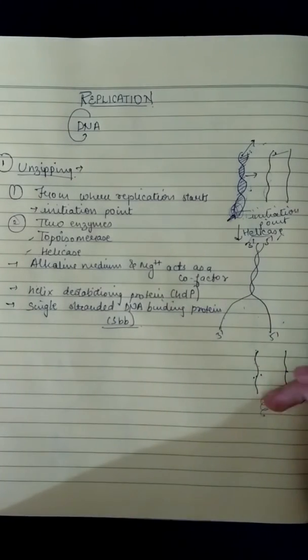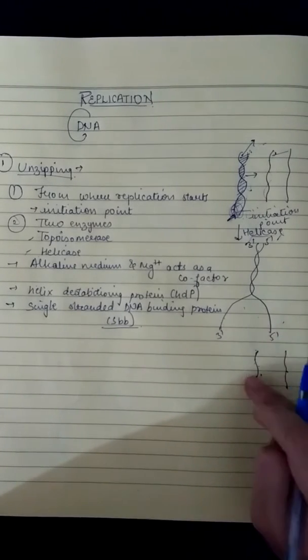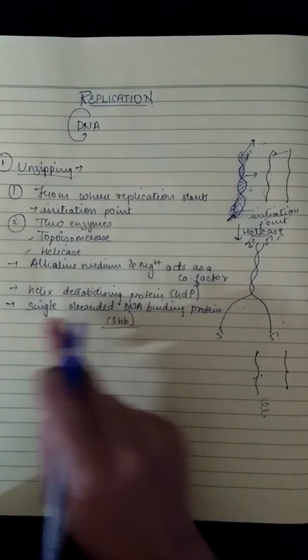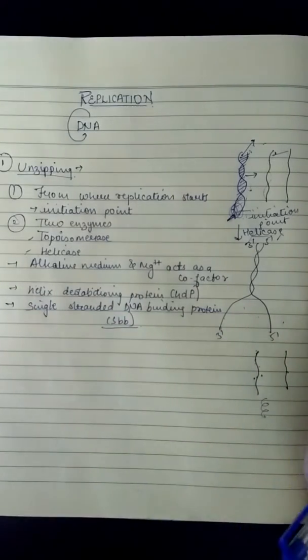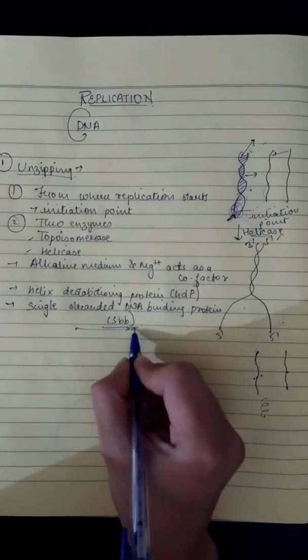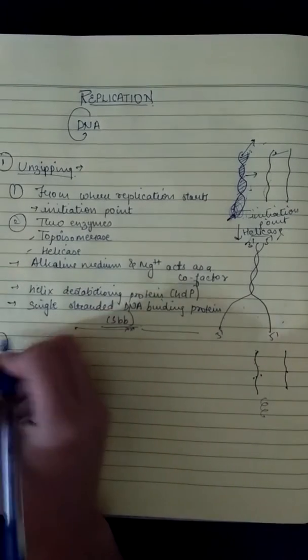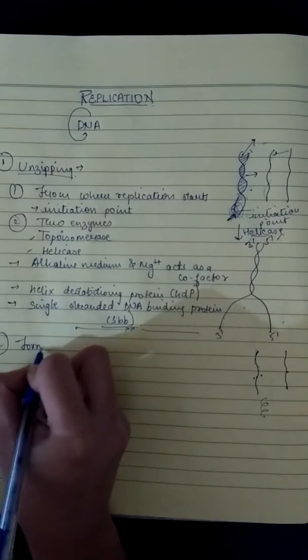To prevent these coils from coiling, we use SBB protein. Okay, SBB protein acts on it. Fine. So this is the first step.